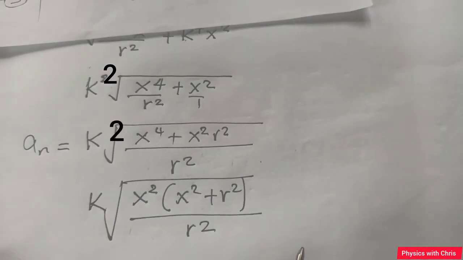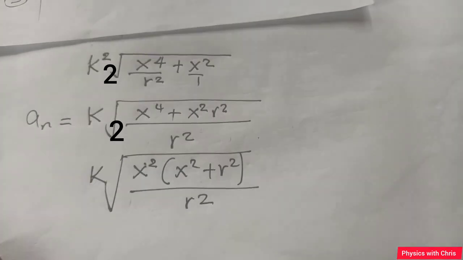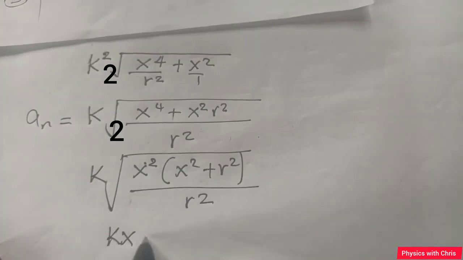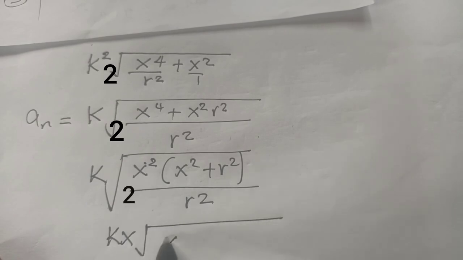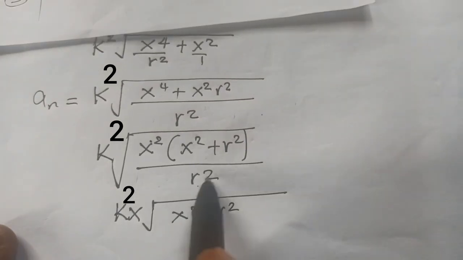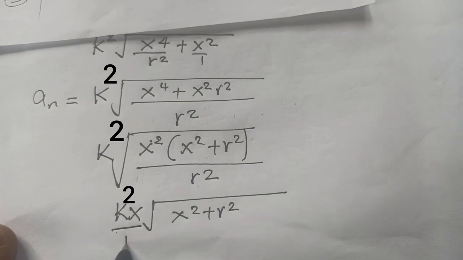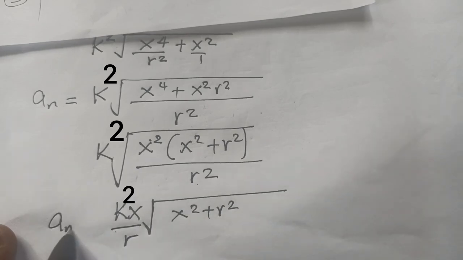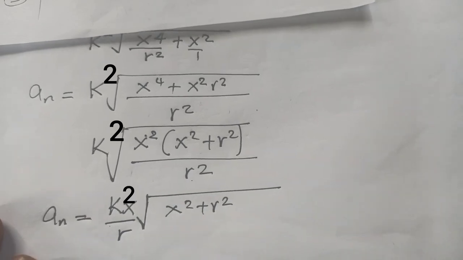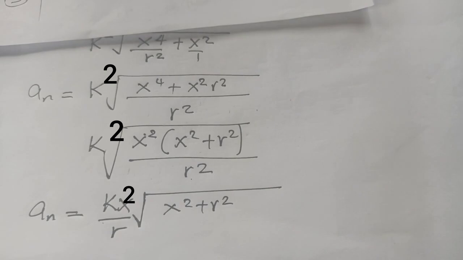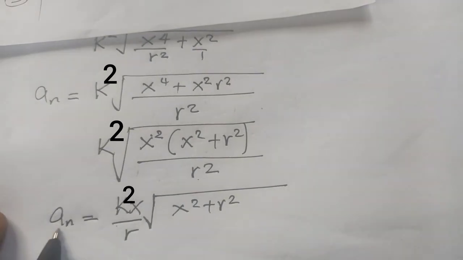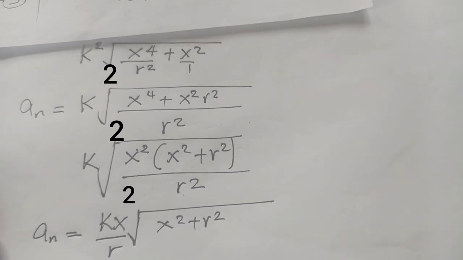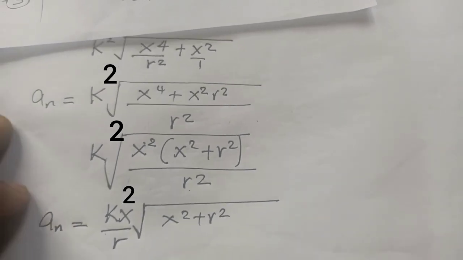So eventually, the square root of x squared is x, so I want to have kx multiplied by the square root of x squared plus r squared, divided by r squared. And the square root of r squared is r, so that can be taken out of the square root sign. So I have this as the expression for my total acceleration. So when all the parameters are known, I can easily find the total acceleration of the particle. I hope this is clear.